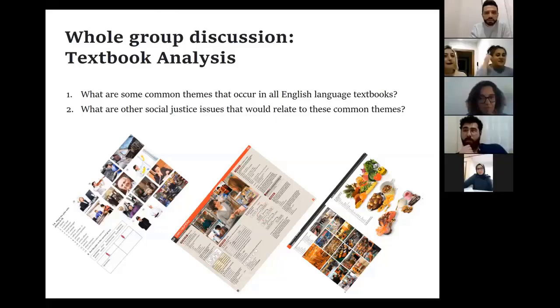Yes. For example, in the 4th grade, I taught a topic which is about countries and nationalities.